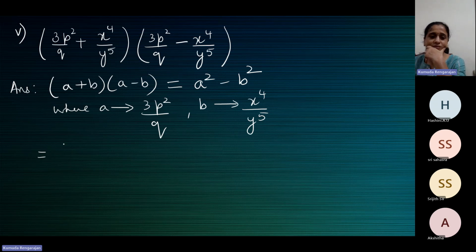Now the answer is equal to A squared minus B squared. Can we tell the final answer? Once again, A squared minus B squared.